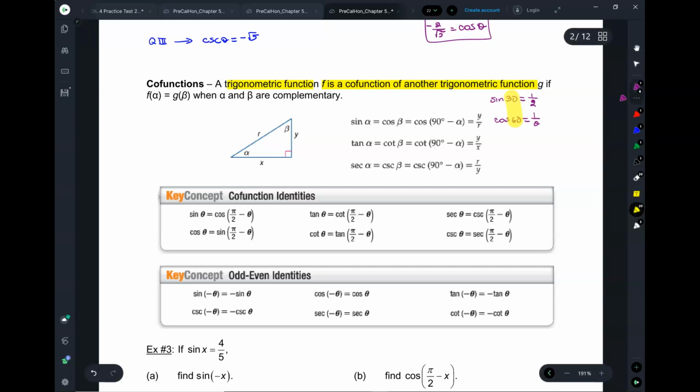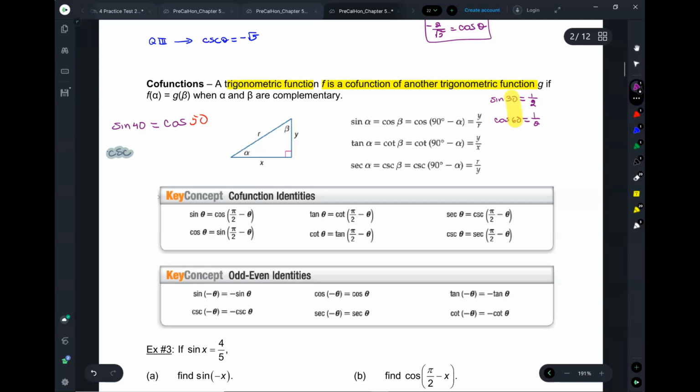So for example, if you have sine of 40, that's the same as cosine of 50.